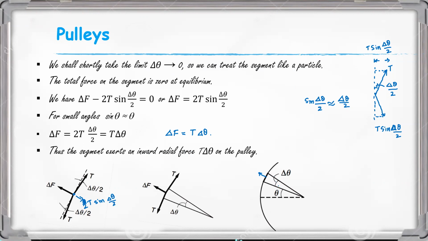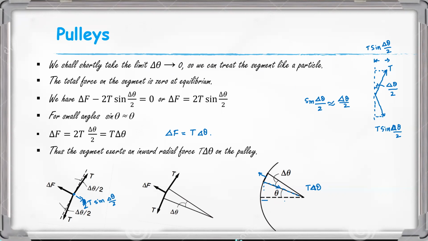Then this line is T delta theta, and here this is the angle theta.